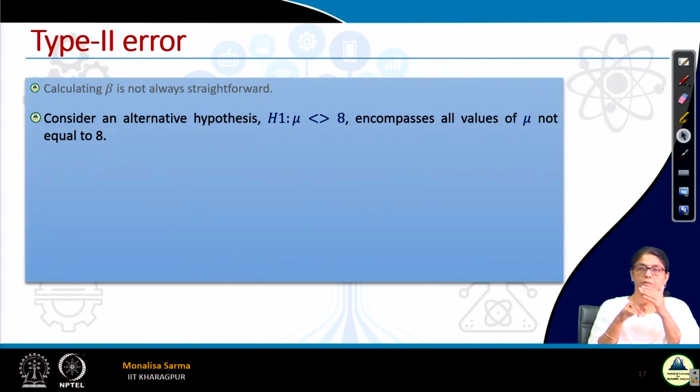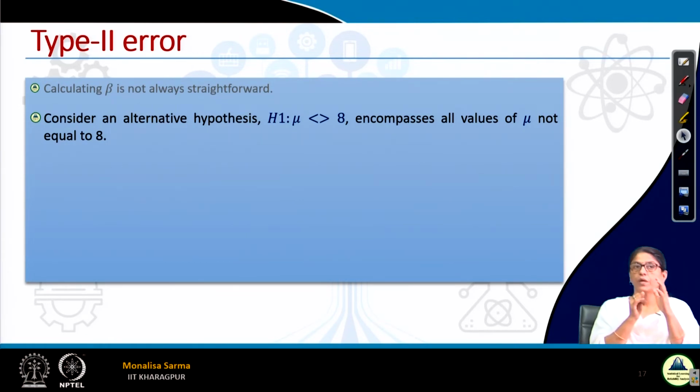For 7.9, I'll have a distribution whose mean is 7.9, and for 8.1, a distribution for 8.1. That way I'll have to find the alpha values for all the different values of mu. That was the reason, to simplify the process, why my null hypothesis always needs an equal sign, so that we can have one sampling distribution whose mean is equal to the population mean.